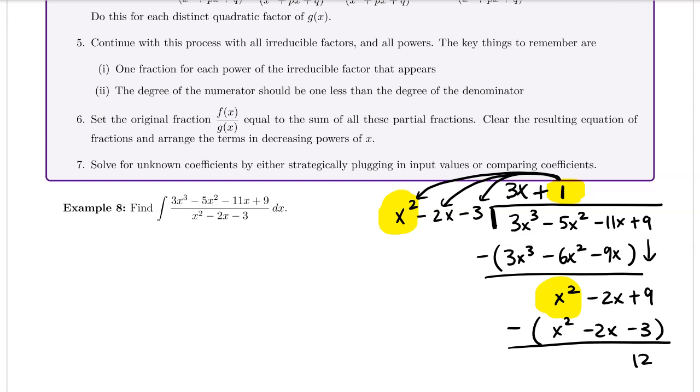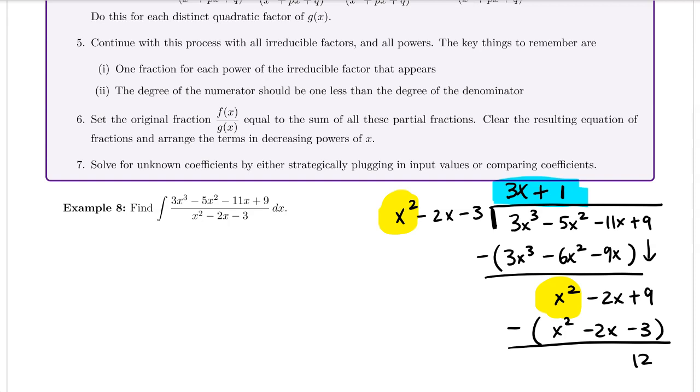So this 12 is my remainder. The thing on top of my division bar is my quotient, so it's 3x plus 1. So what does all of that mean?